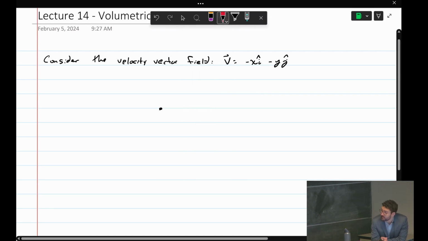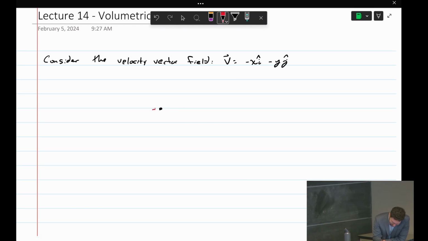That black point there is the origin. We're going to draw vectors for this vector field. They start small, and then they get longer as you go away from the origin, but the vectors point towards the origin.